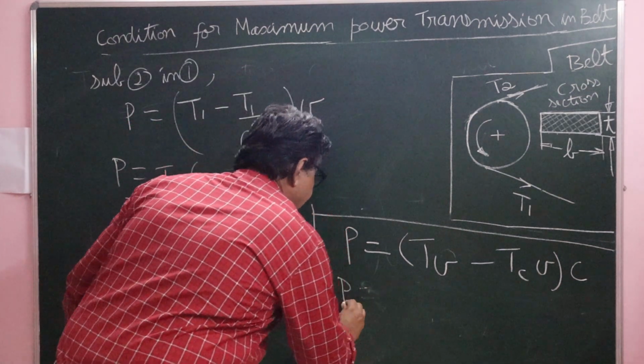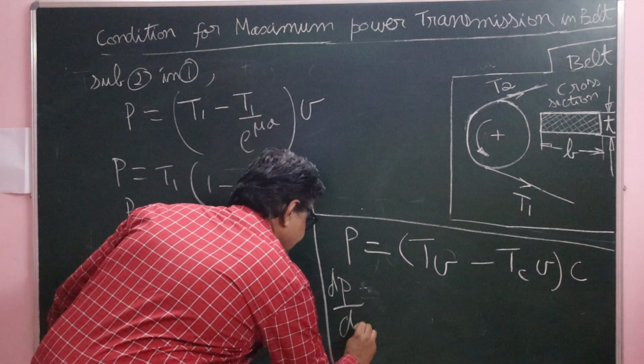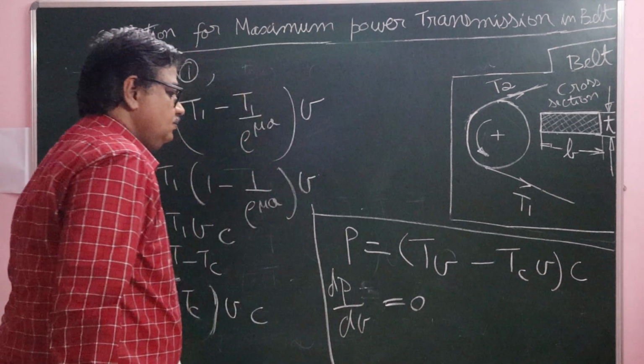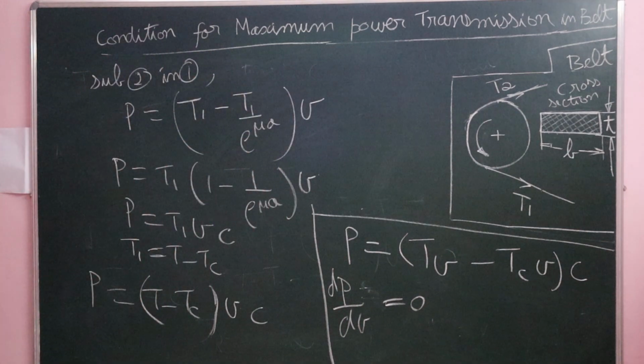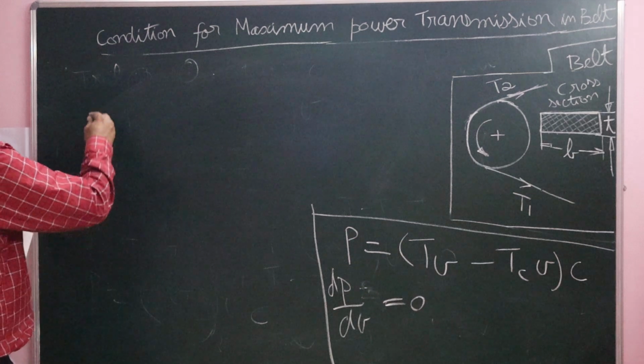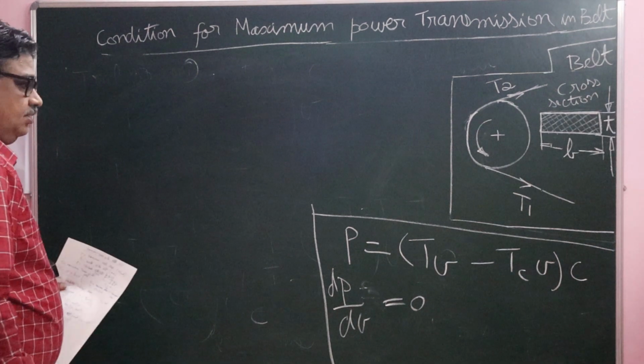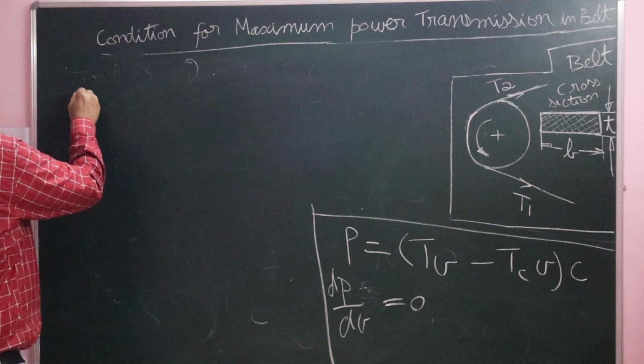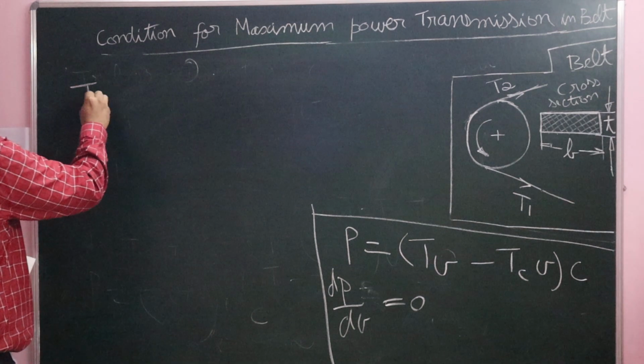For maximum power transmission, dP by dV is equal to 0. This is the condition for maximum power transmission.